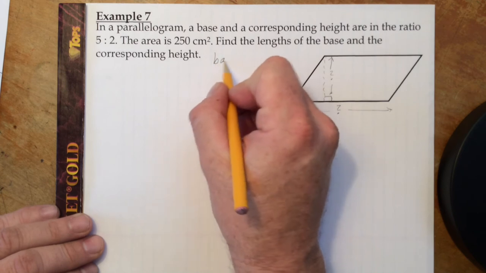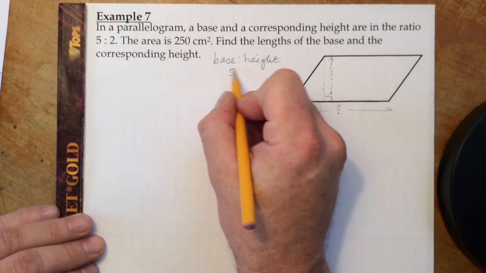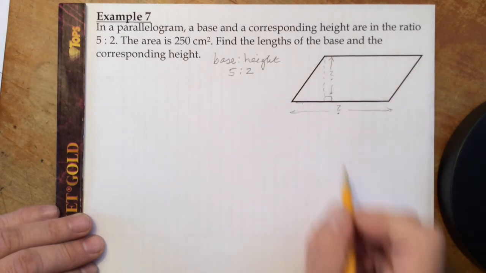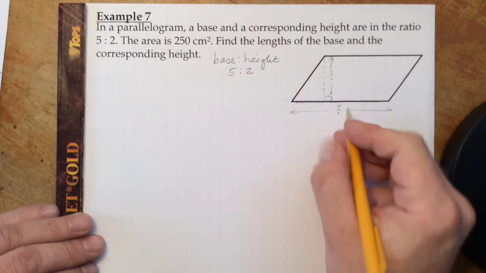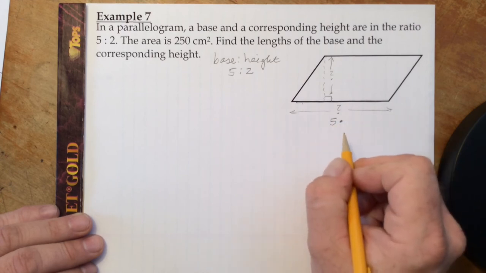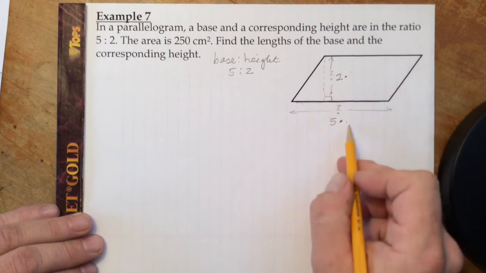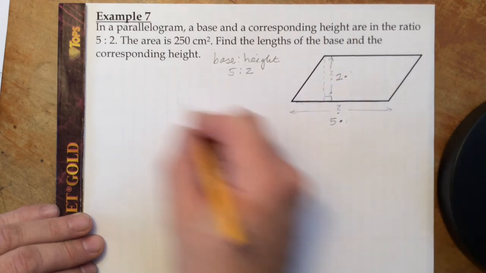So base to height is 5 to 2. What that means is that whatever the base is, it's got a factor of 5 in it. Whatever the height is, it's got a factor of 2 in it, and the other factor is common to both the height and the base.